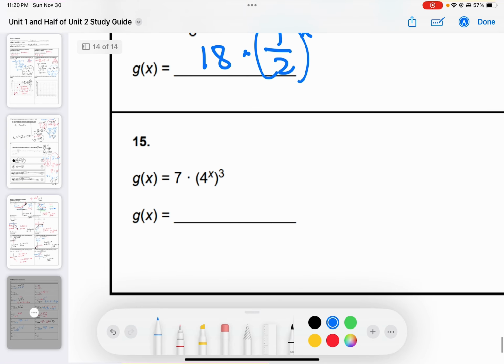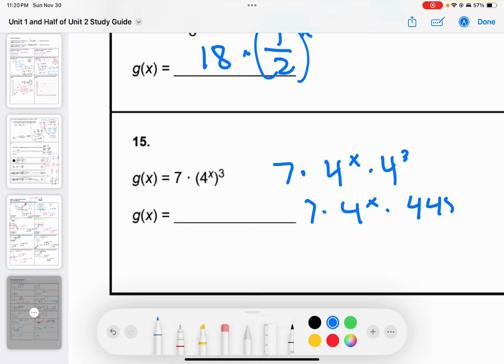And this can be written as 7 times 4 to the x times 4 to the third. 4 to the third is 64, so this turns into 7 times 64, which is 448. It turns into 448 times 4 to the x.